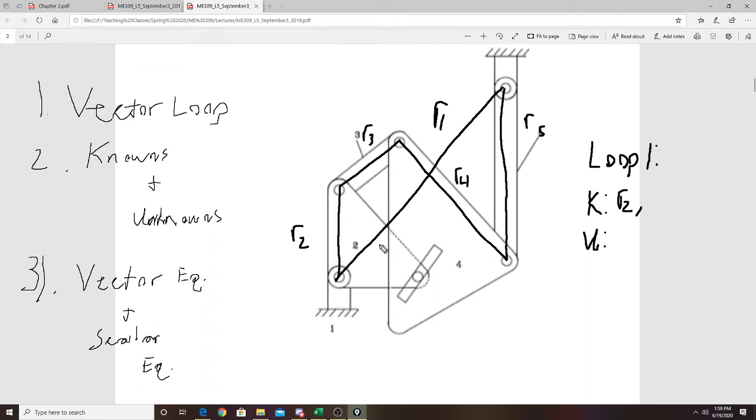So it is something that you should always put into here. Theta 2. So, known. What about R3? We know R3. Correct.